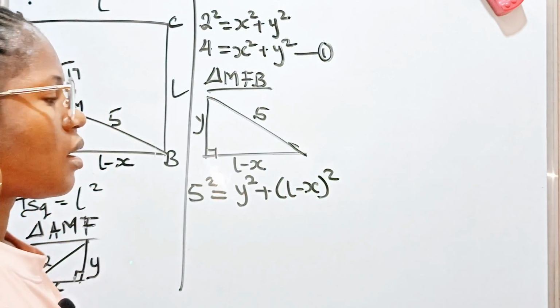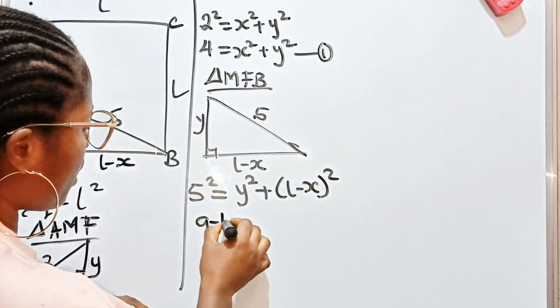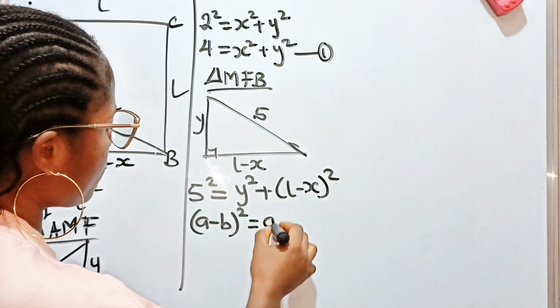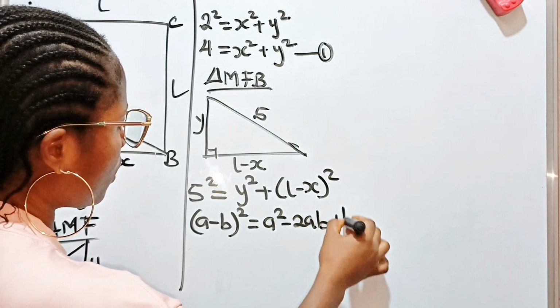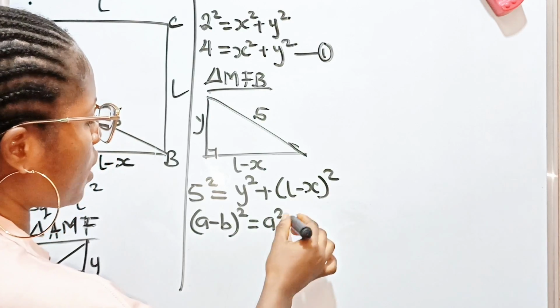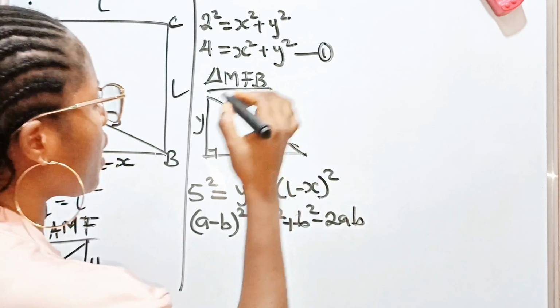Now remember that (A minus B) squared is equal to A squared minus 2AB plus B squared, or A squared plus B squared minus 2AB.